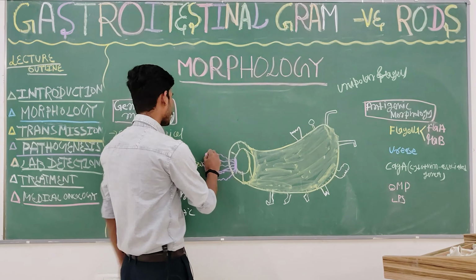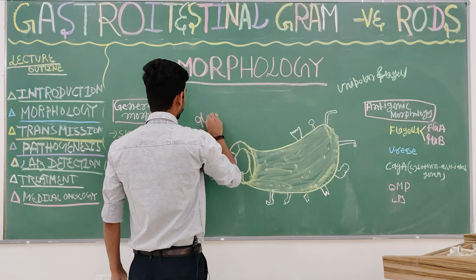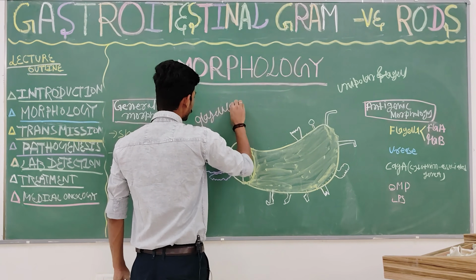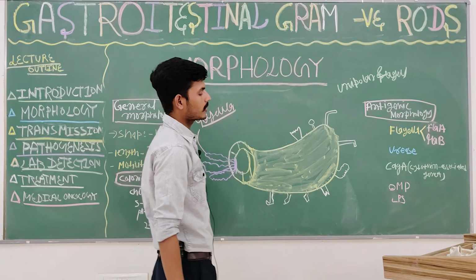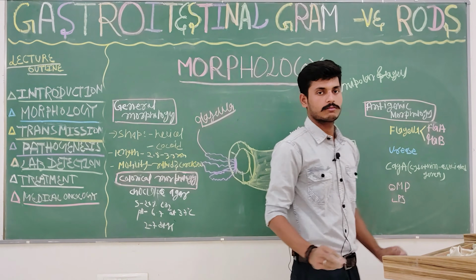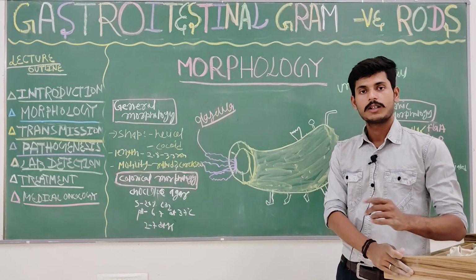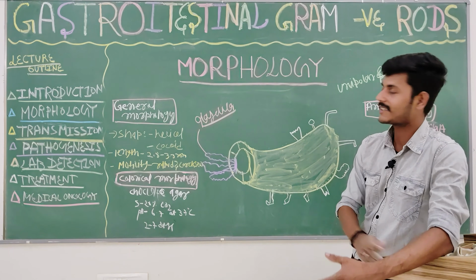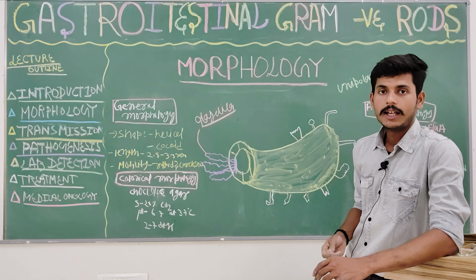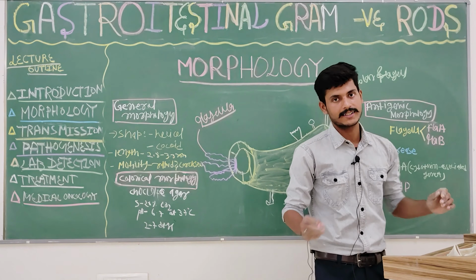This is called the flagella. About the Helicobacter flagella, why I am saying it is unique, just because it shows the most motility. It's a powerful, viable bacteria, just because of the presence of this flagella.